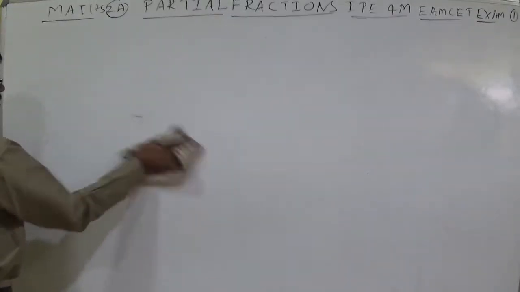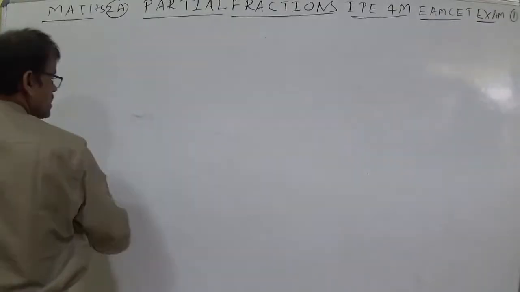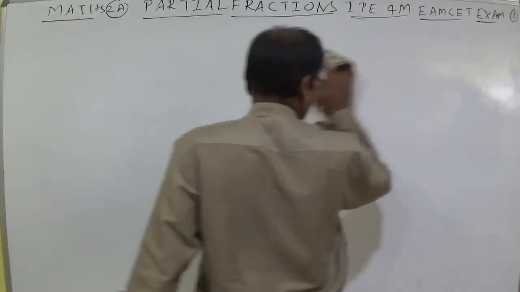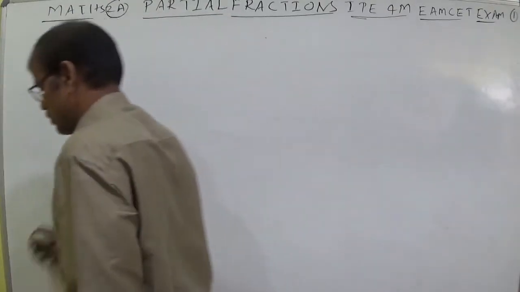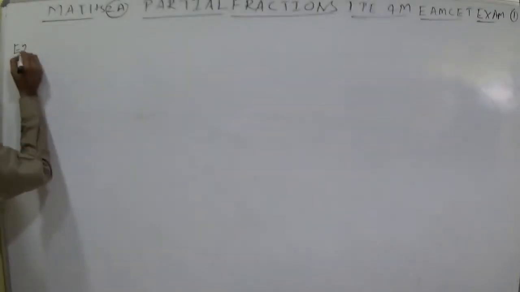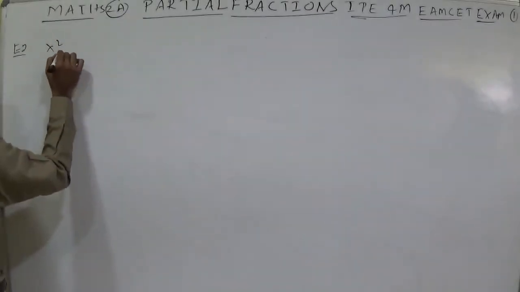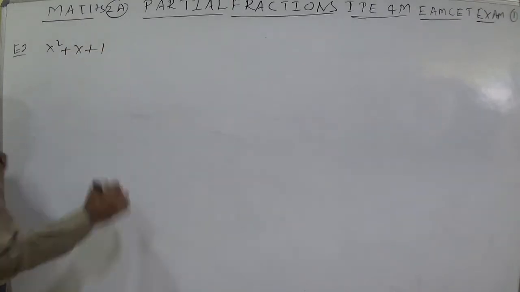If a quadratic, cubic or biquadratic polynomial has no factors, you can say directly it is an irreducible polynomial. Example of an irreducible polynomial: x square plus x plus 1.